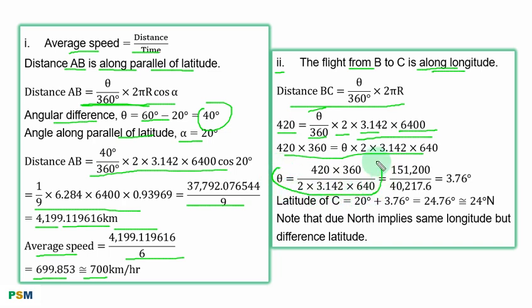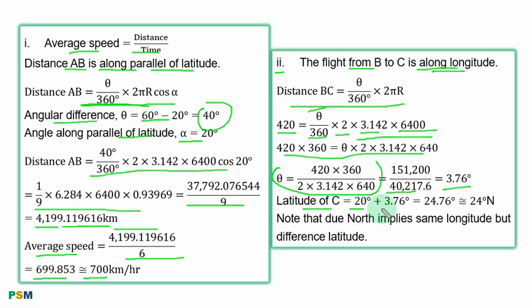When you simplify, you have this result. After division, you have 3.76 degrees.